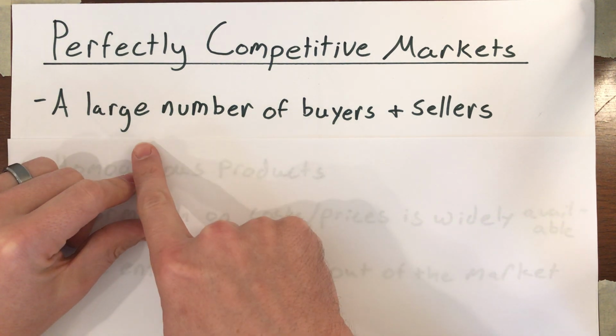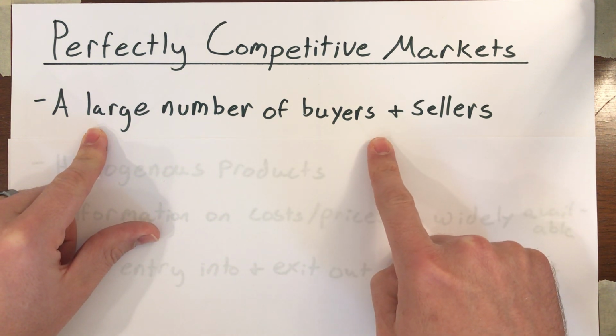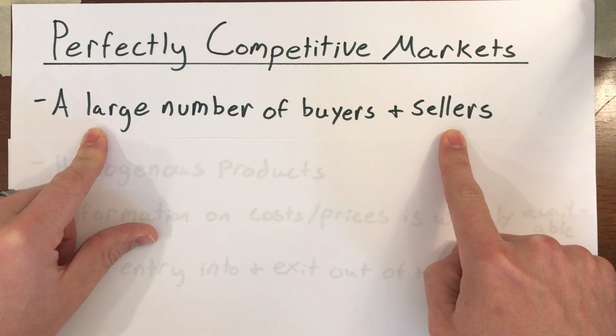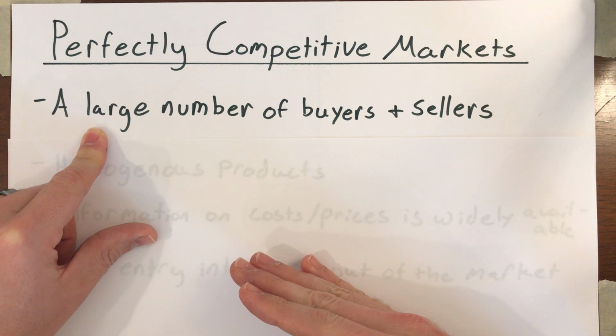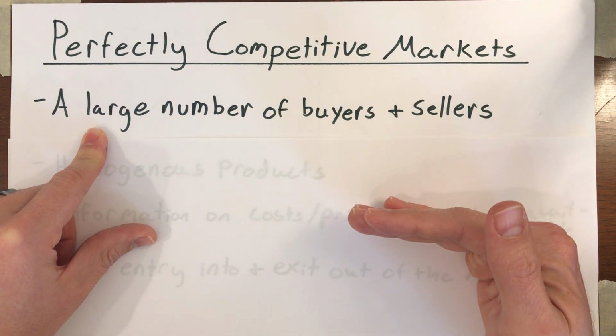Okay, well, large, when economists use that phrase to refer to a perfectly competitive market, it just means there needs to be enough buyers and enough sellers so that no buyer can push the price down on his or her own, and no seller can push the price up on his or her own.